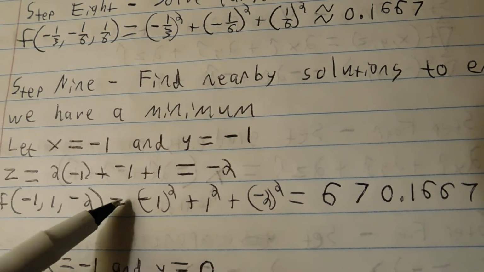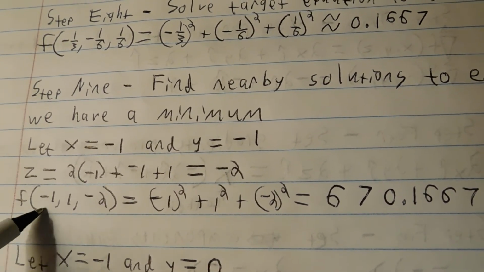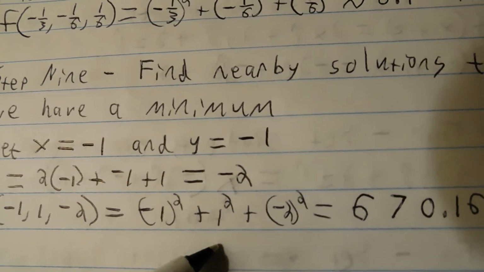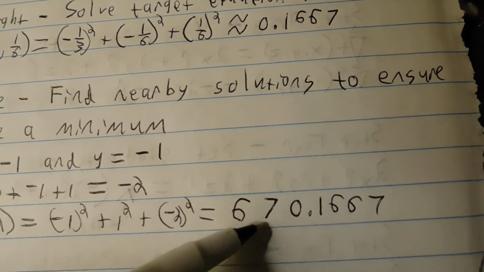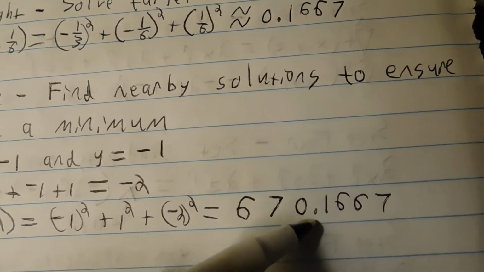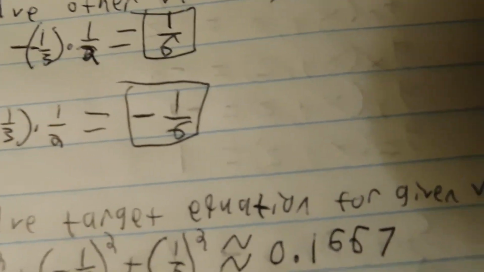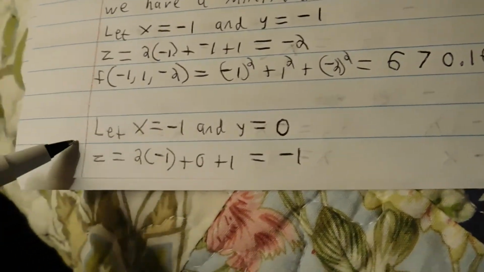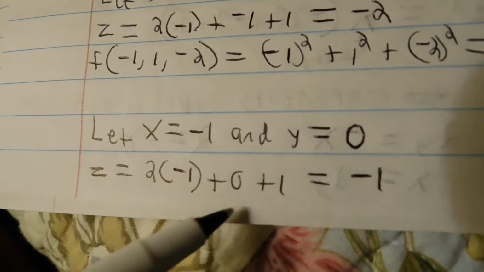You solve for z, and then you plug in your f of x, y, z. So it's -1 squared plus -1 squared plus -2 squared, which is 6. That's greater than the solution that we found, 0.1667, etc.